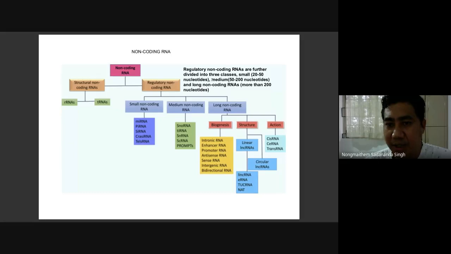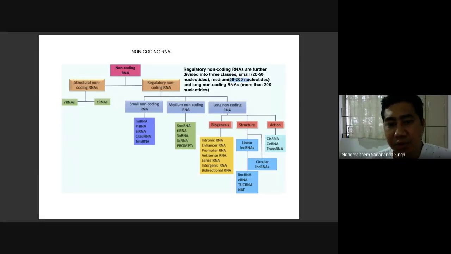The next class is the medium range, which spans from 50 to 200 nucleotides. This includes small nuclear RNA, which we talked about, and small nucleolar RNAs.